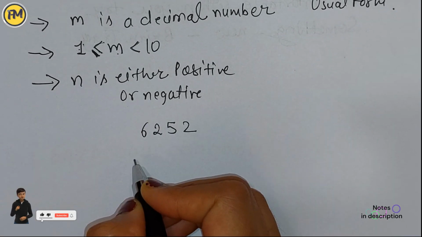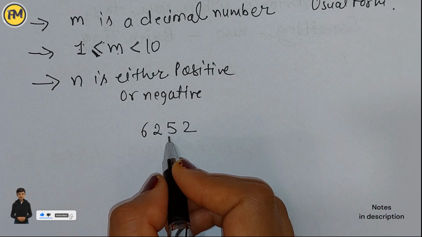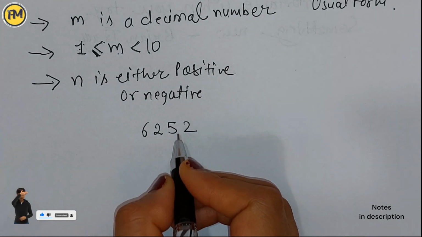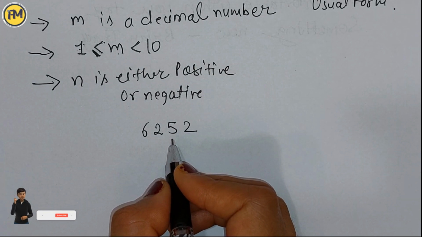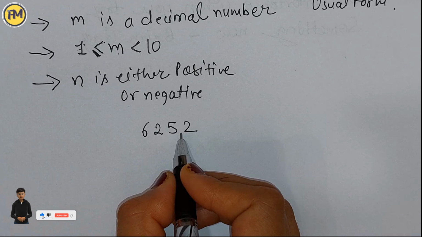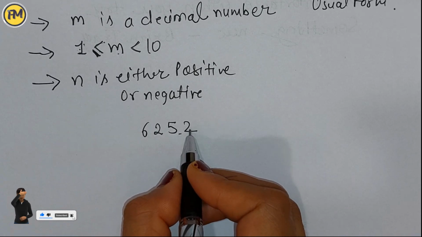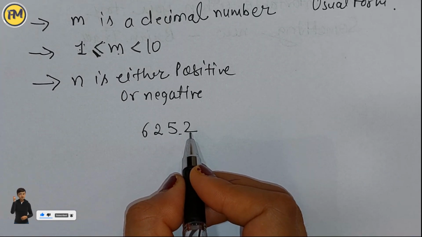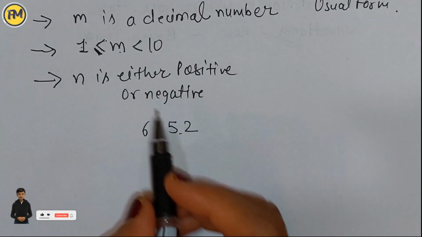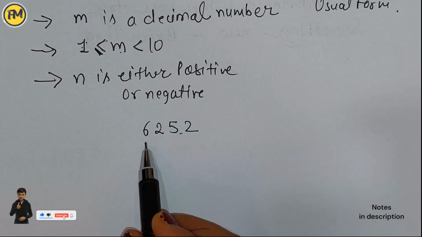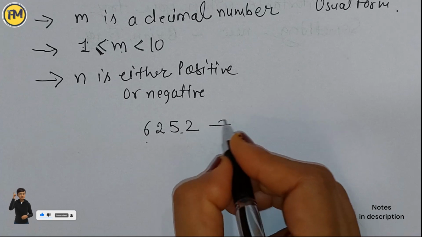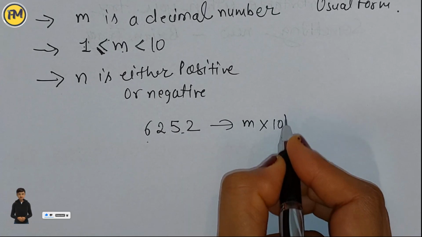Let's suppose you have 6252. How will you write this number in standard form? This is the usual form and we want to convert this number into standard form. The condition is that m should be here, so we have to show this number in the form m into 10 raised to the power n.